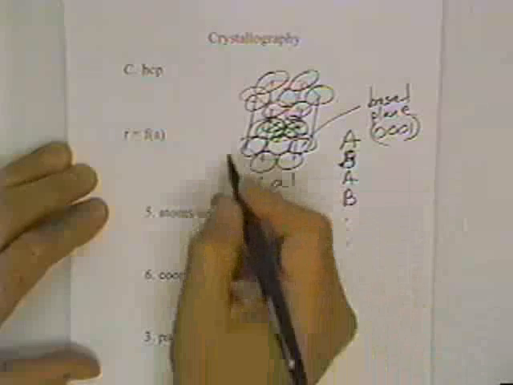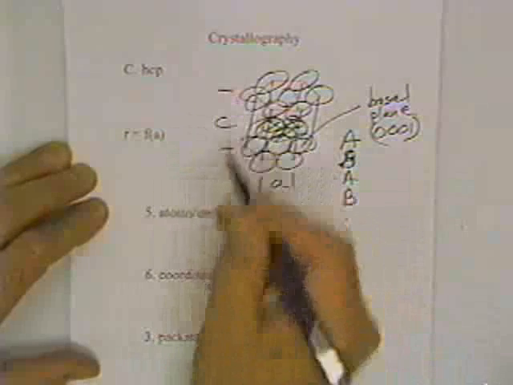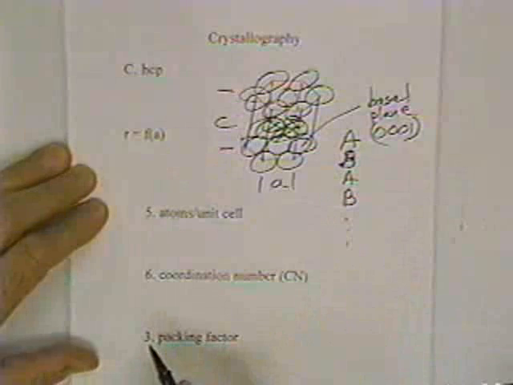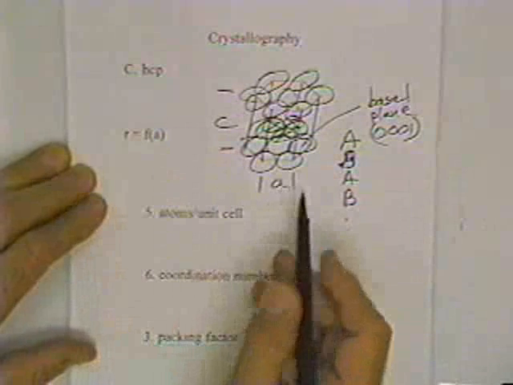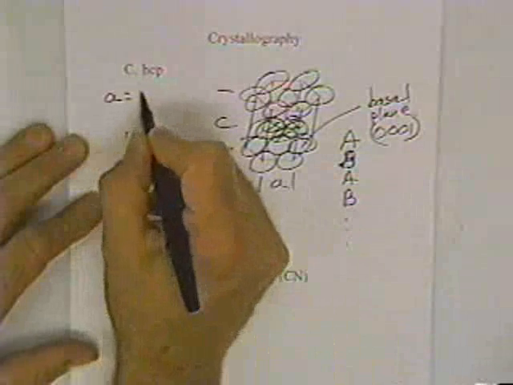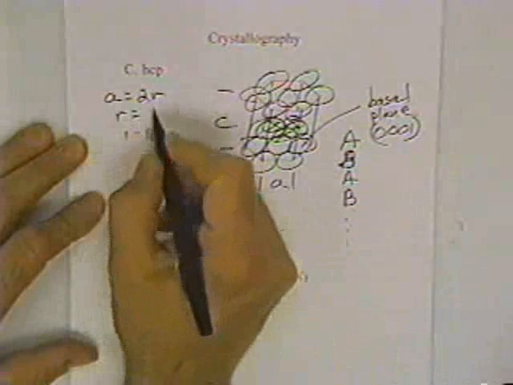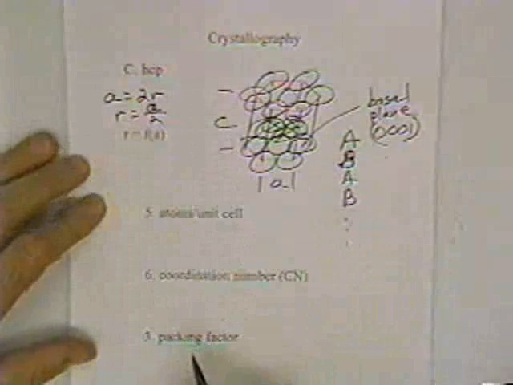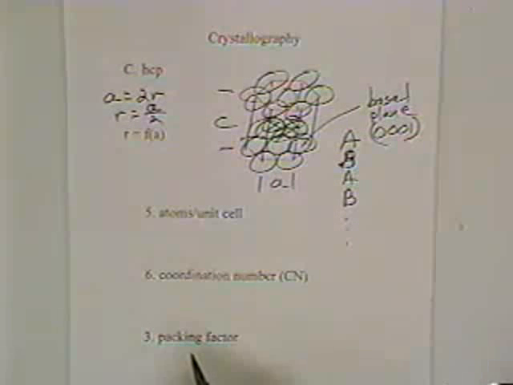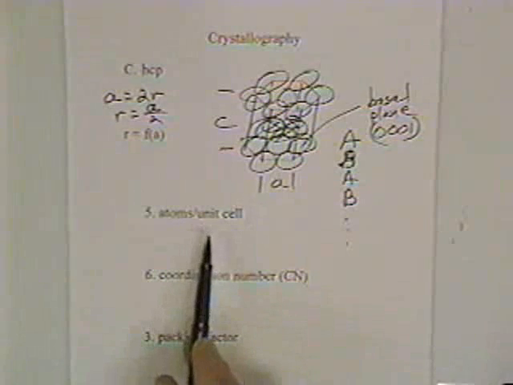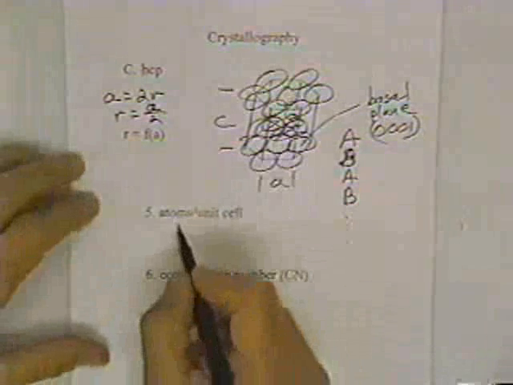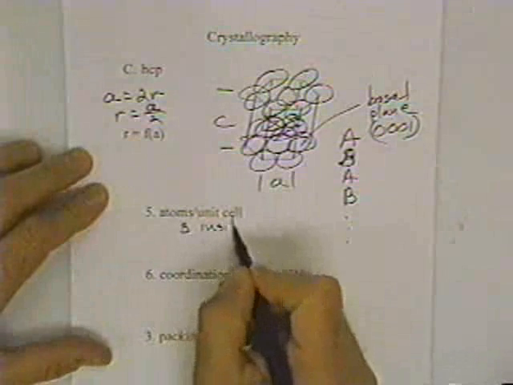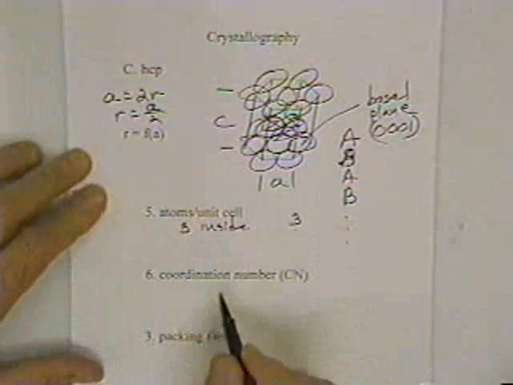The unit cell dimensions are a, and now we need a second dimension c, because it's no longer cubic, and this is the easiest of both of them. a is equal to 2r, r is equal to a over 2. And if they're perfect spheres, the c over a ratio is 1.63. Now how many atoms per unit cell? Well, there's 3 inside, that's going to be 3.